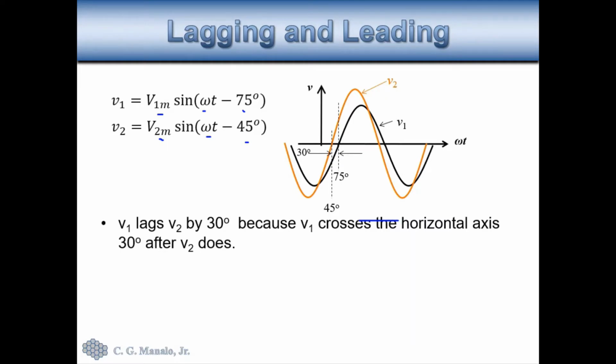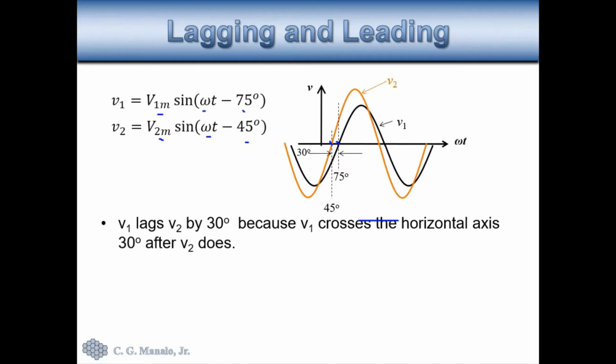If we look at when the two sinusoids cross the horizontal axis, we will observe that V sub 2 crosses the horizontal axis first compared to the sinusoid V sub 1. And in fact, V sub 1 crosses the horizontal axis 30 degrees after V sub 2.